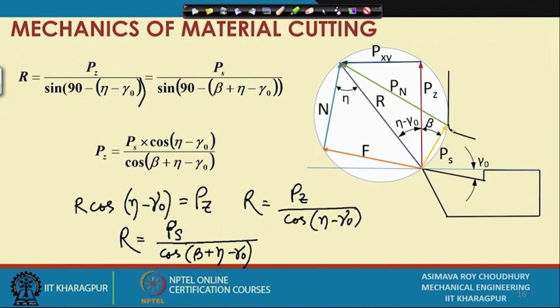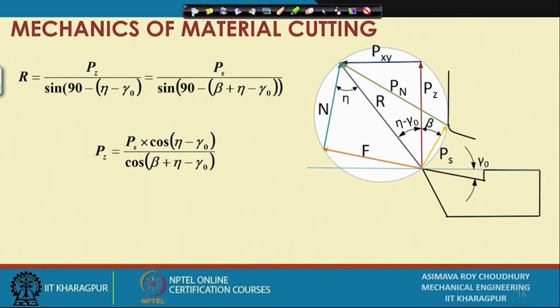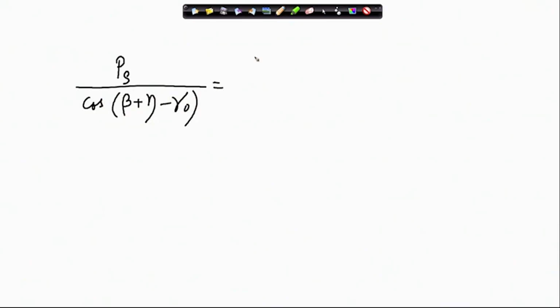So R cos this angle is equal to Ps, which means if we combine these two, we get this relationship: Ps by cos(beta plus eta minus gamma O) is equal to Pz divided by cos(eta minus gamma O).